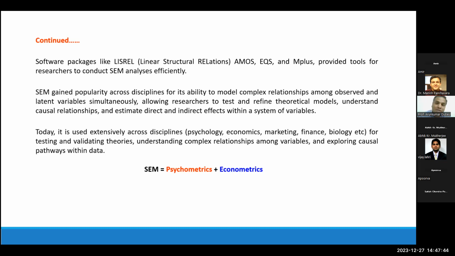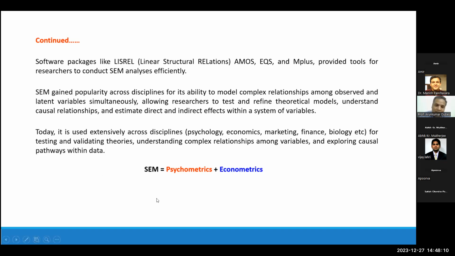So that's why SEM takes care of validity. When I say validity of the construct, it means the construct is measuring what it should measure. So psychometrics takes care of your validity. In structural equation modeling, there are two validities which are very important. One is convergent validity, and the second is discriminant validity.